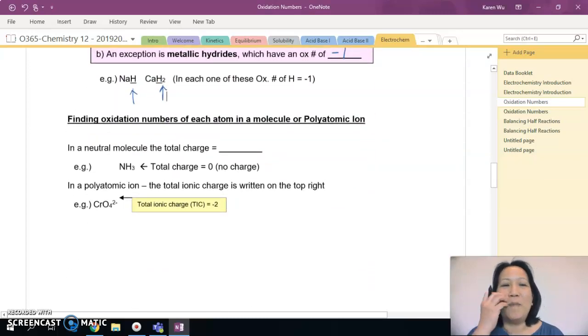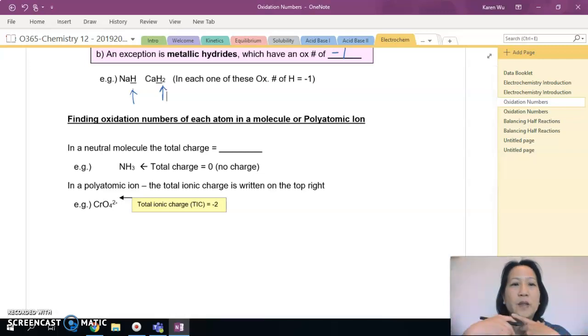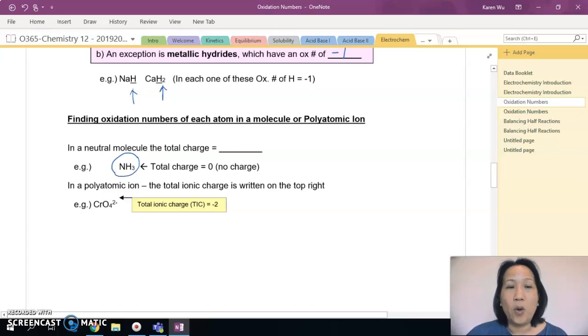Now, what about when we have polyatomic ions or groups? When we have a large molecule such as ammonia, NH3, the whole entire molecule has no charge. So whatever the charge of nitrogen and the charges of the 3 hydrogens are, they come to an overall net charge of zero.